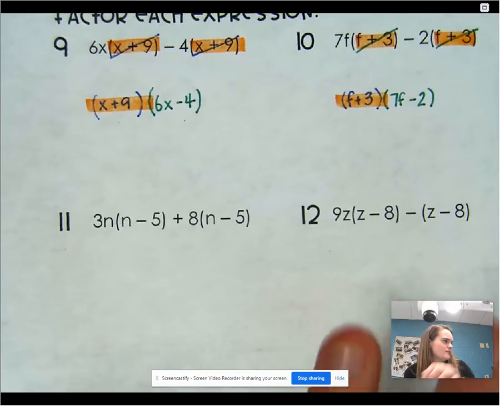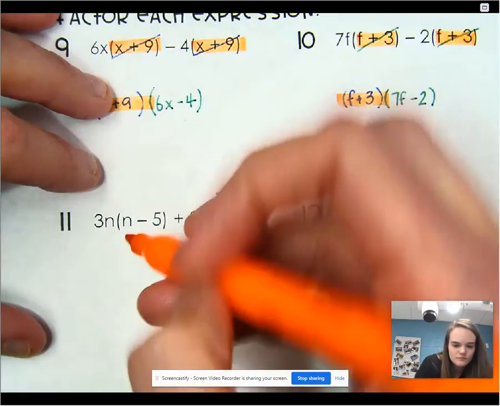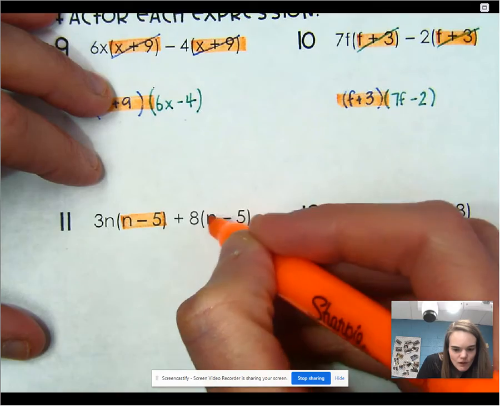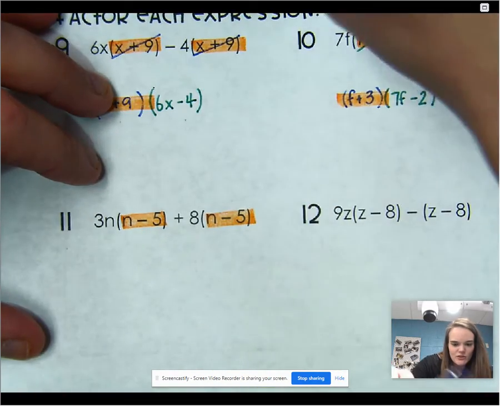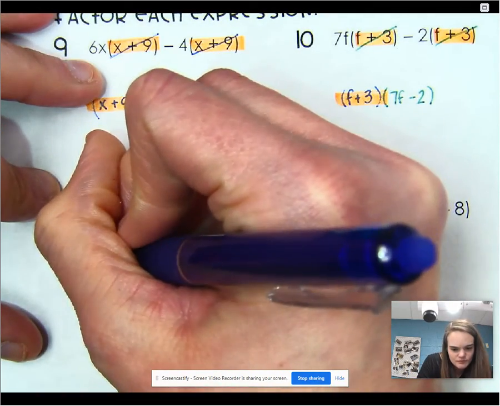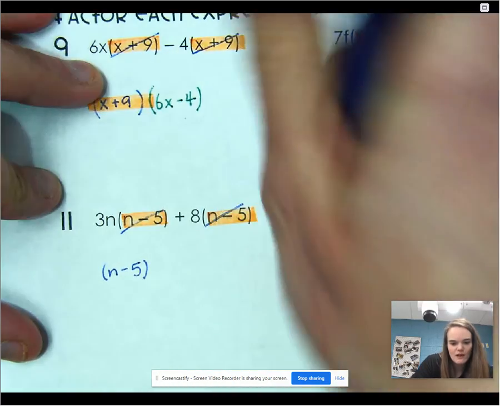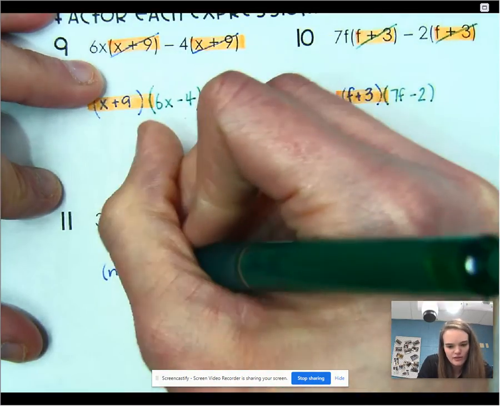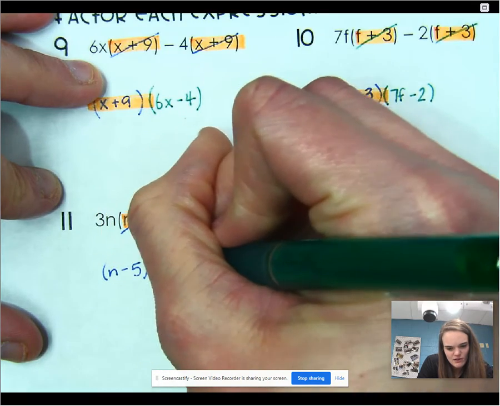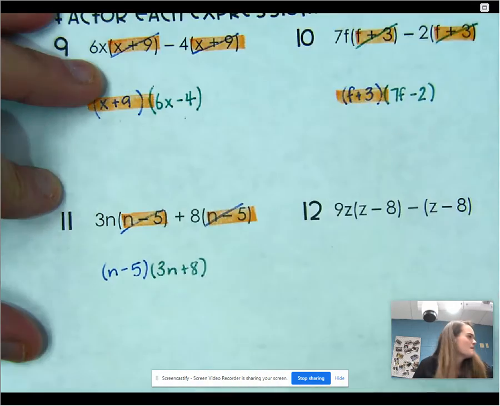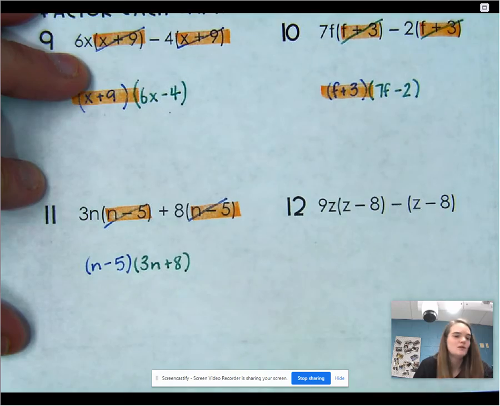All right, number 11. Both of them have an n minus 5. And 3n plus 8 is left. Number 12.